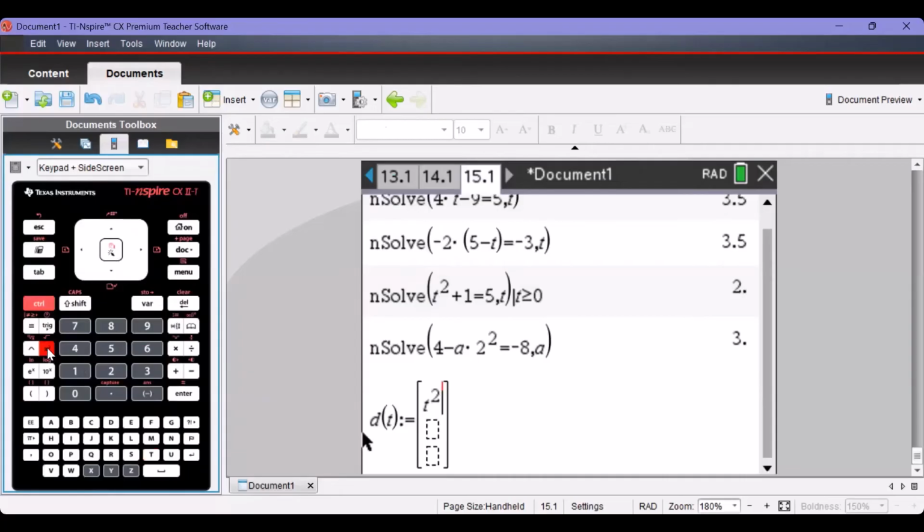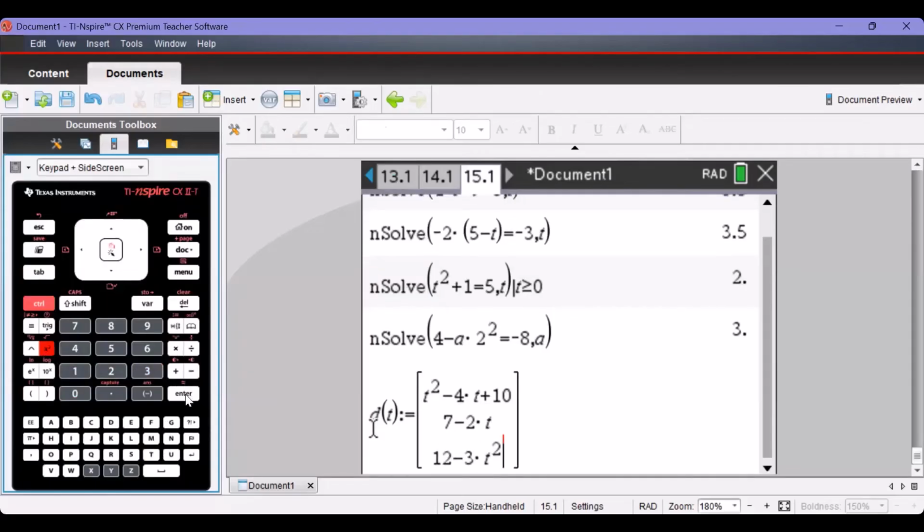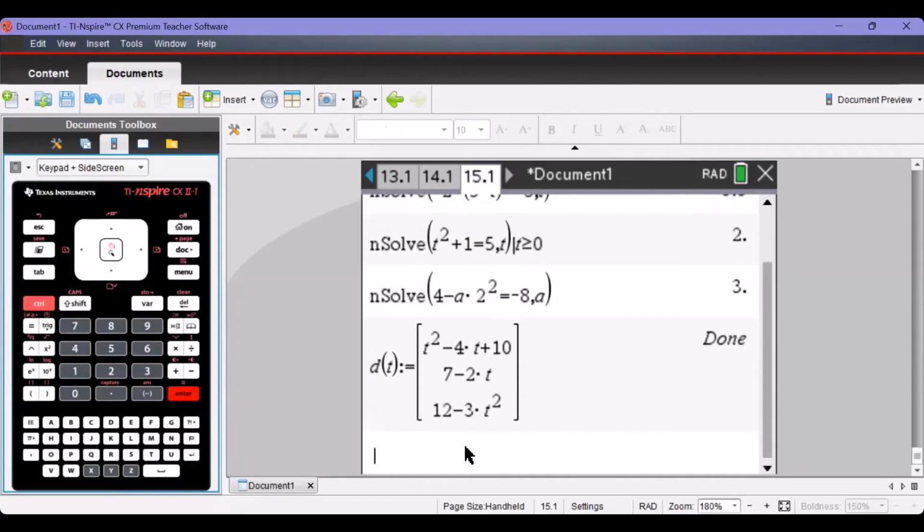So the I component, t squared minus 4 times t plus 10. Then the j component, 7 minus 2 times t. And the k component, 12 minus 3 times t squared, and press Enter. So that's D of t.